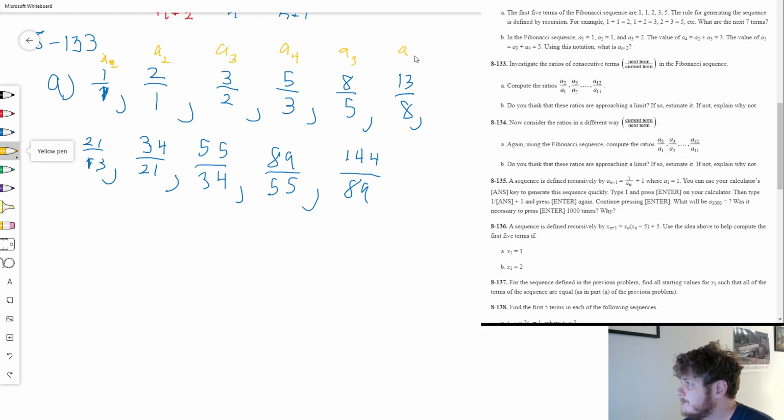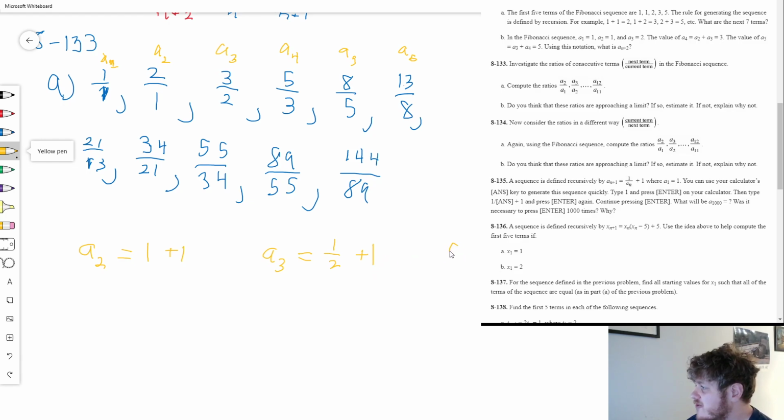Now, if we look at each of these, for everything except the first one, it looks like we have a 1 added into each of these. So I'll split up A sub 2. 2 over 1 would be 1 plus 1. And then for A sub 3, we factor out a 1, we're left with 1/2, so we end up with 1/2 plus 1.